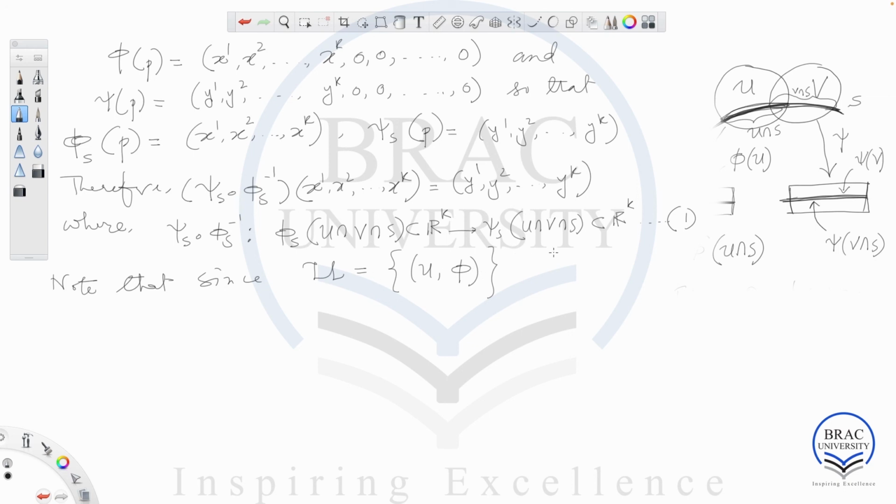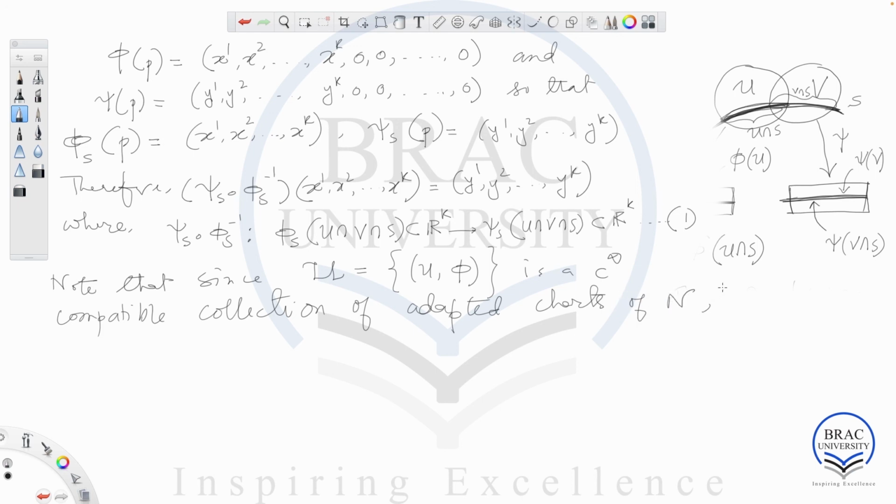So since this is a C infinity compatible collection of adapted charts by hypothesis, which means that if I take any two pairs from this collection, they will be C infinity compatible with each other.